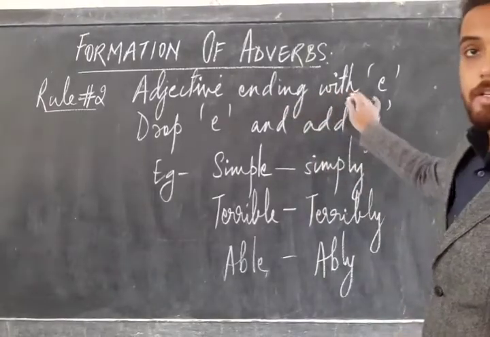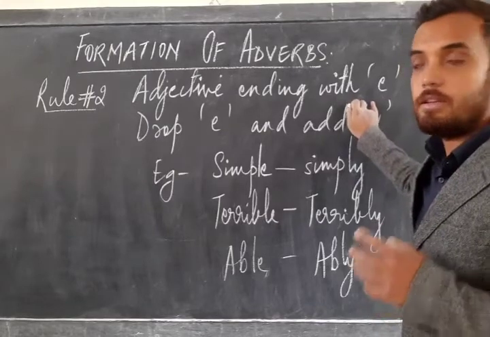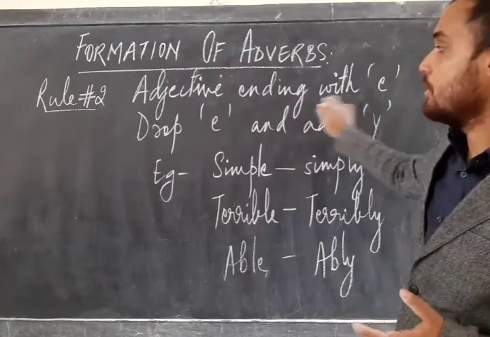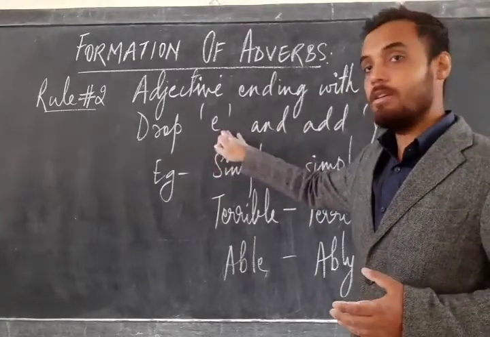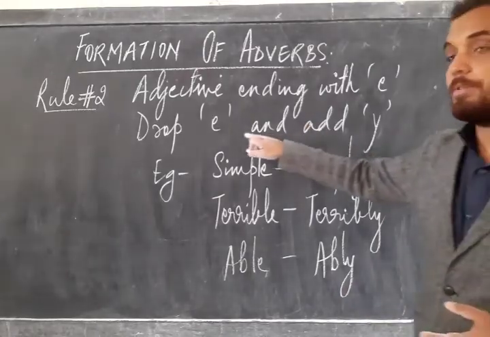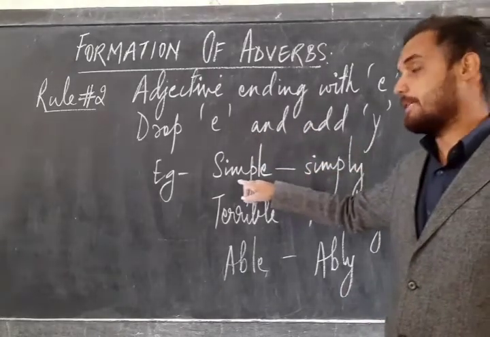Rule number 2: adjectives ending with e. Those adjectives which end with the letter e, what do we have to do with them and how are we going to form the adverb? We have to drop e and add y. Example, simple.